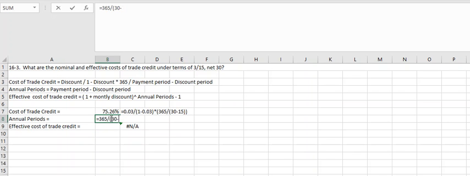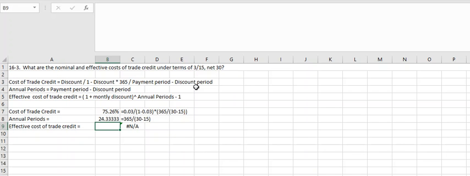So notice we are just taking the last half of the cost of trade credit right here. We're taking 365 divided by payment period minus discount. And so that's giving us the number of annual periods. Now we want to figure out what is the effective cost of the trade credit.